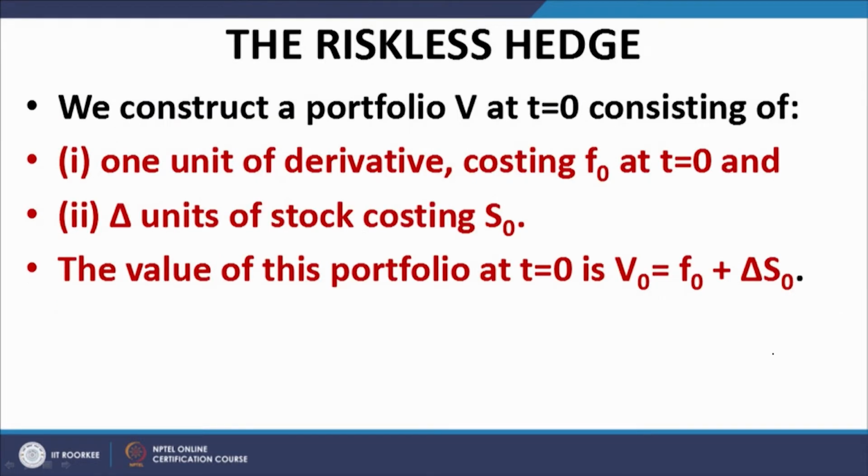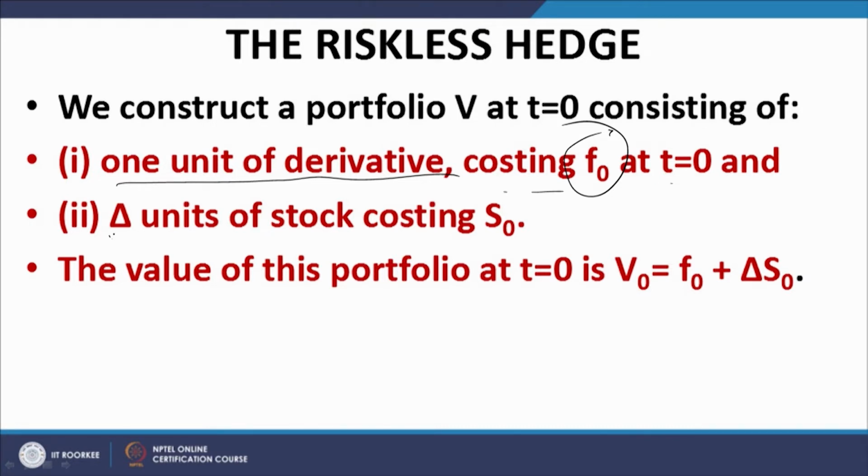Now, we construct a riskless portfolio in line with the introduction that I gave a few minutes back. We take a long position in 1 unit of the derivative that costs us F0, and F0 is precisely the quantity that we have to calculate. And delta units, what is delta?